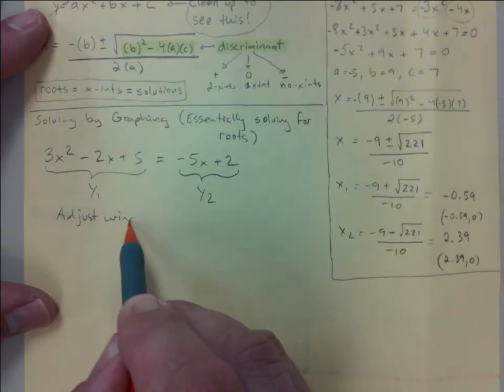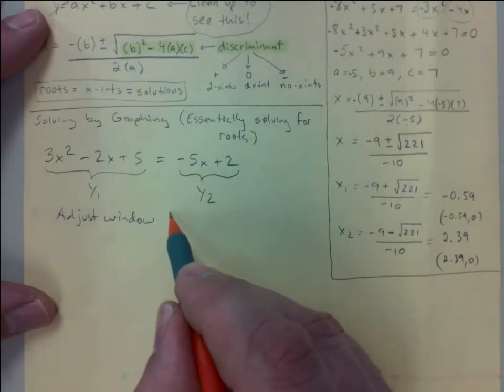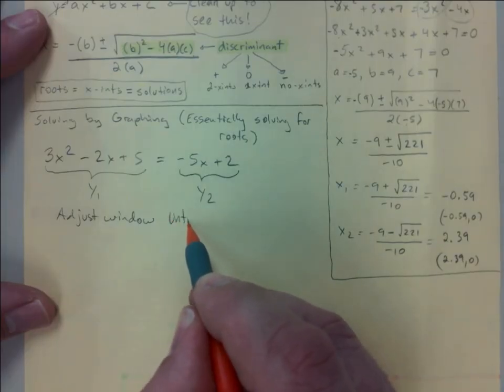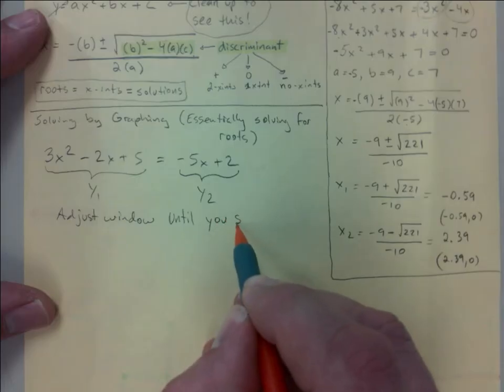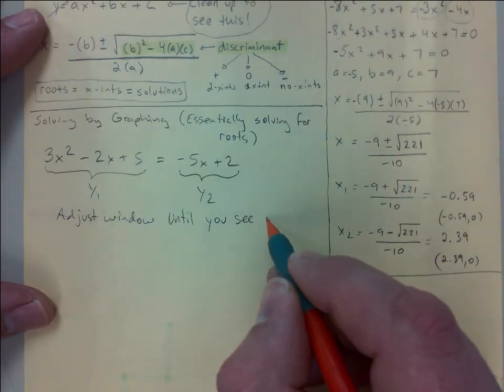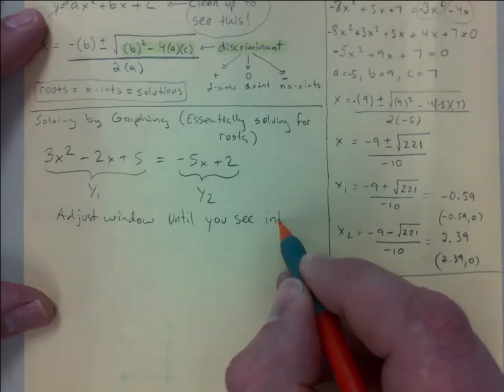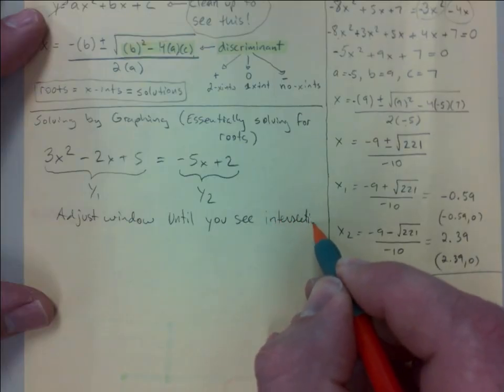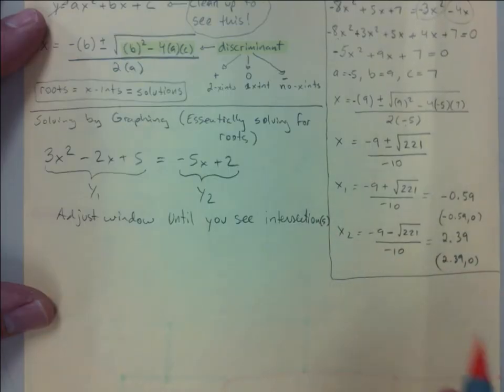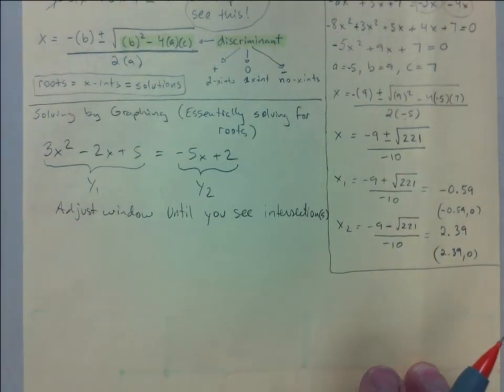Adjust the window until you see intersections. Intersection or intersections, right? It could be only once.